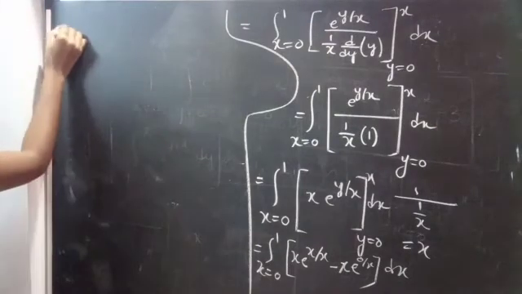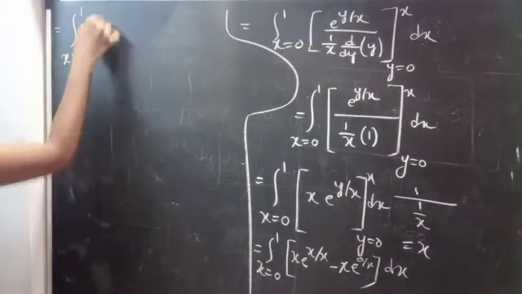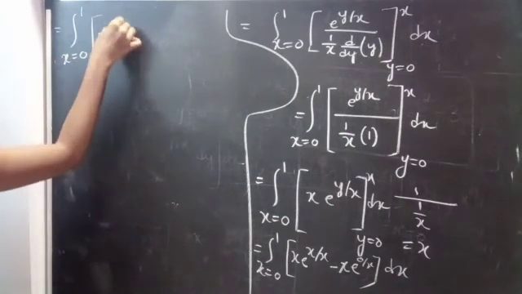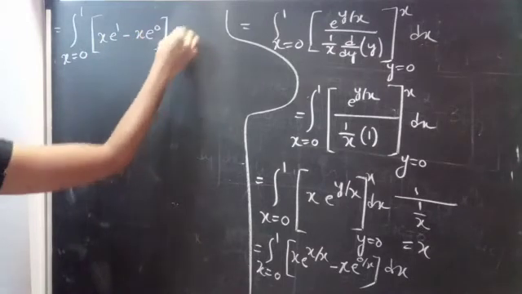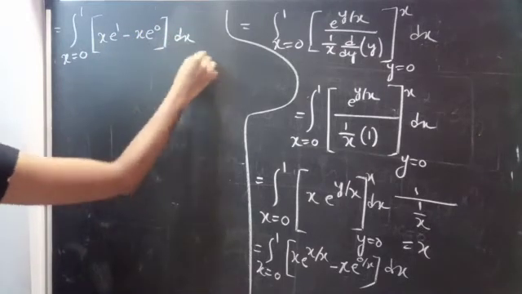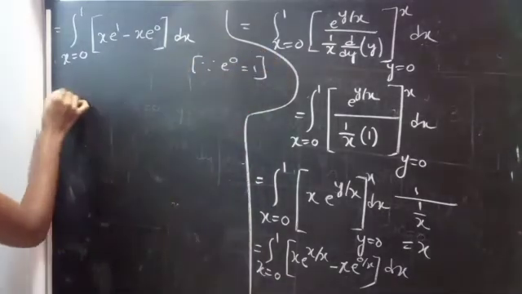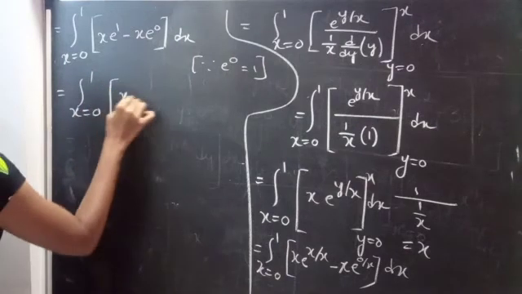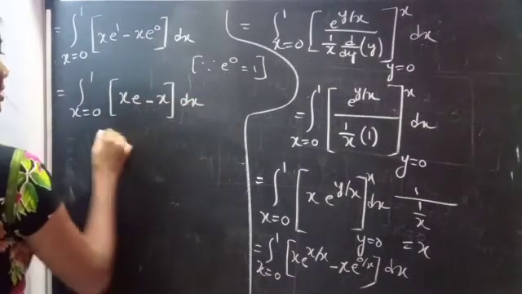Which is equal to integral x equals 0 to 1 into x into e power 1 minus x into e power 0 into dx. Since e power 0 is equal to 1, this is equal to integral x equals 0 to 1 of x into e minus x into dx.